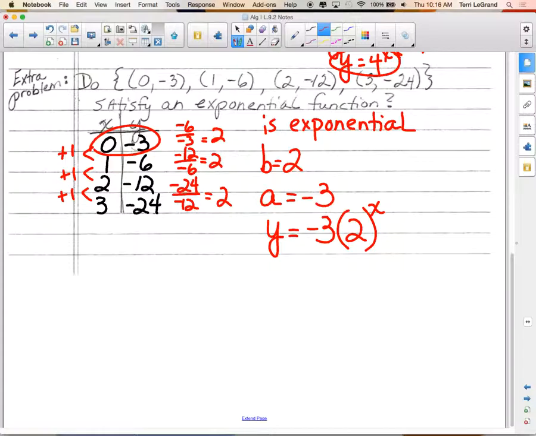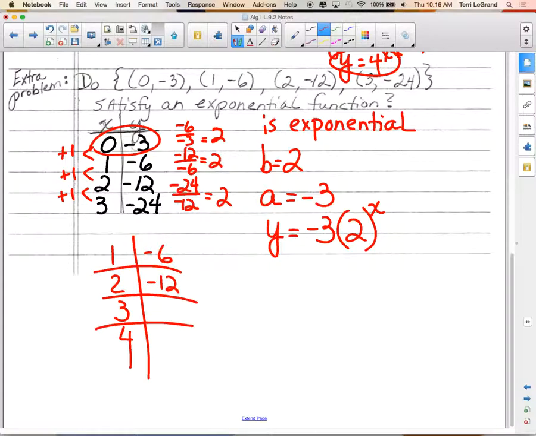Now, what if they did not give us the 0 in our set of ordered pairs? How would we find the y-intercept then? Because we don't have the function to plug it into. So what if this table instead had started at 1 and went like this? We'd have negative 6, negative 12, negative 24, and negative 48, wouldn't we? Going this direction we keep multiplying by 2.